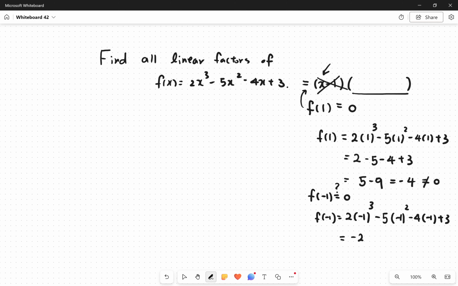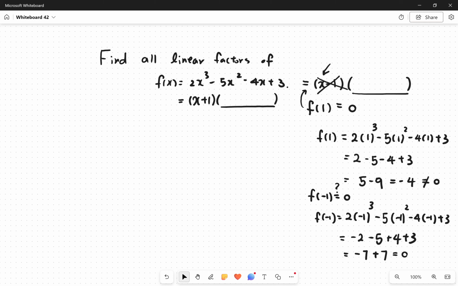So that is negative 2 minus 5 plus 4 plus 3. If you consider the first two negative numbers, this is negative 7 and the positive 7, so this is equal to 0, which means f of x has one linear factor x plus 1 and something else.